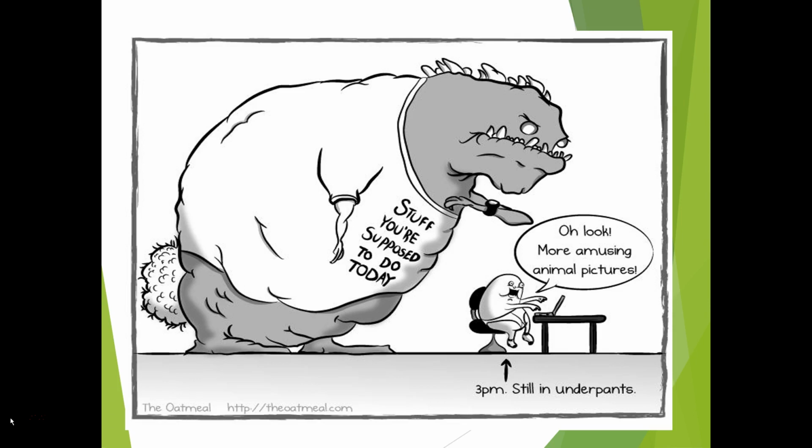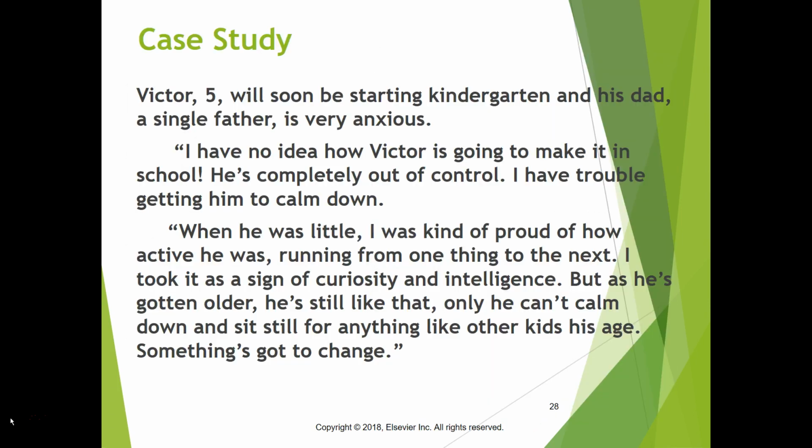He's really not paying attention to the big picture, what things he's supposed to be doing, but is getting distracted by other things. It also says on the bottom, 3 p.m., still in underpants. So they have not even done their ADLs yet, and they're very distracted by things going on around them.